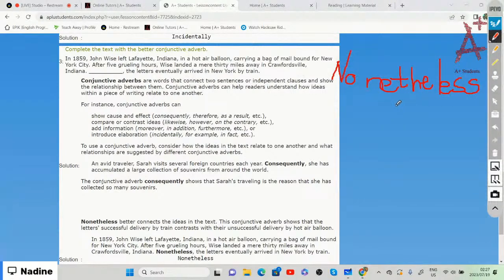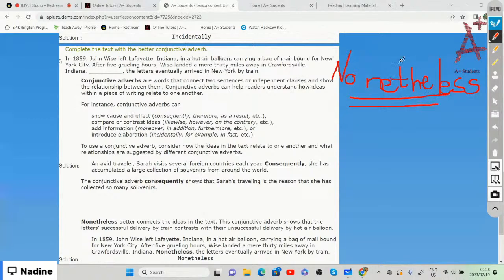So whether he landed 30 miles away, which maybe gives us an idea that it is very far, the letters eventually arrived by train in New York. So, nonetheless is the conjunctive adverb that better connects the ideas within this text, right?